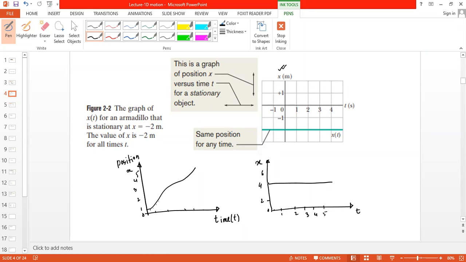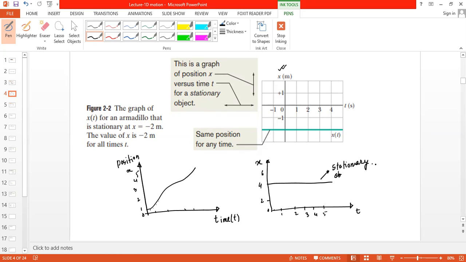Time is changing, but the position remains the same at 4. That means the object is not changing its position. So if the position versus time graph gives you a horizontal line, you will say the object is not changing its position. That is, the object is stationary.